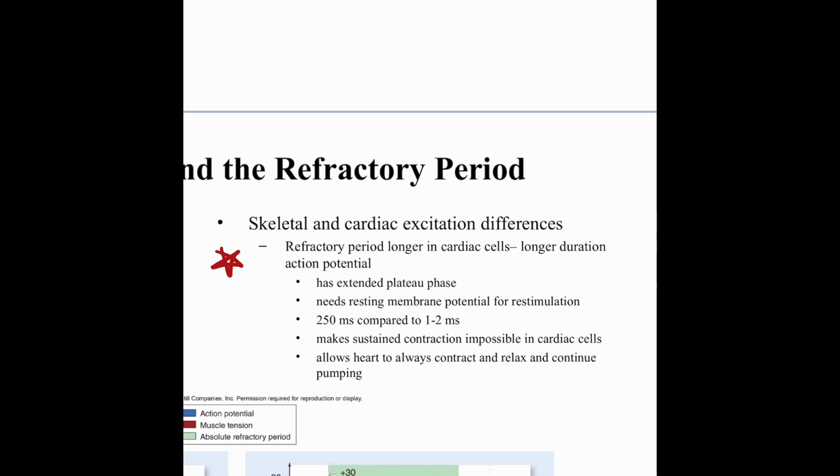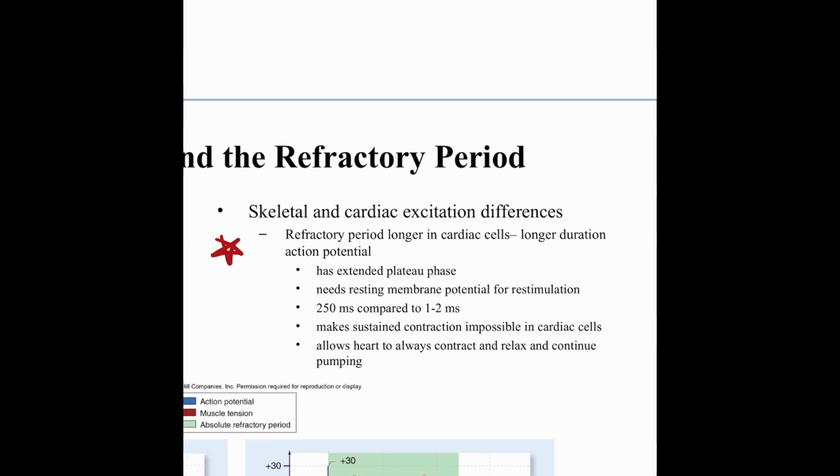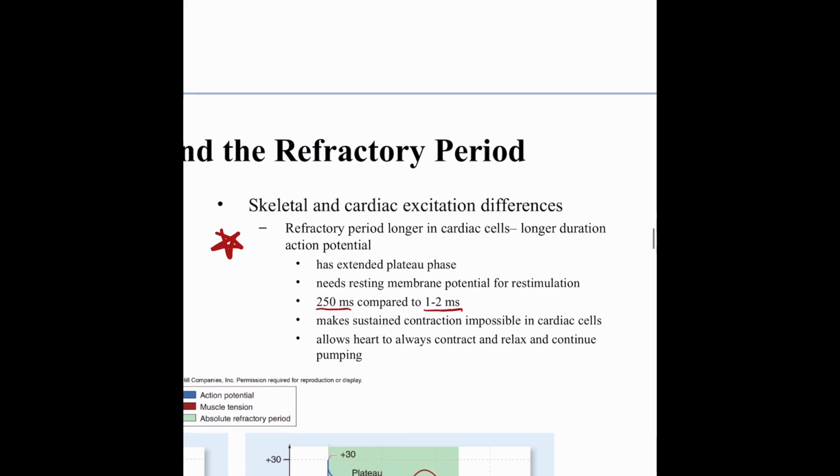So you have this positive ion leaving while the positive ion is coming in. There's really no change, so you plateau, right? Just a little recall to that whole action potential for the cardiac muscle cells. It takes longer, 250 milliseconds compared to 1 to 2 milliseconds.